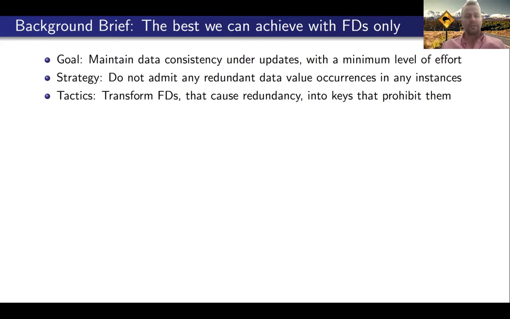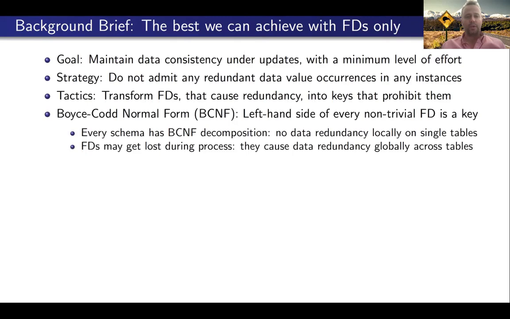So the tactic is to transform functional dependencies that cause data redundancy into keys that prohibit them. In Boyce-Codd normal form, the left-hand side of every non-trivial functional dependency is a key. And we know that every schema has a Boyce-Codd normal form decomposition. So no data redundancy can be exhibited locally on single tables.